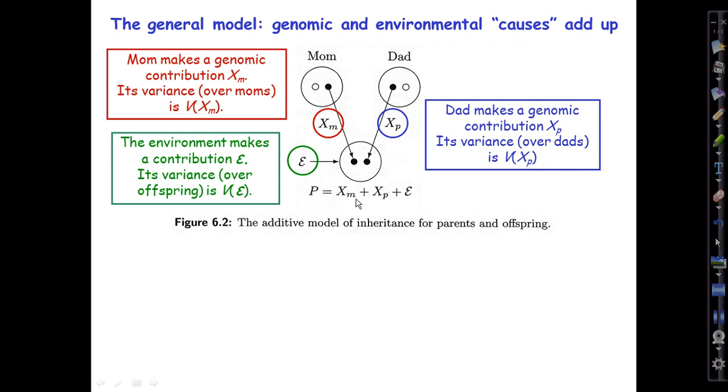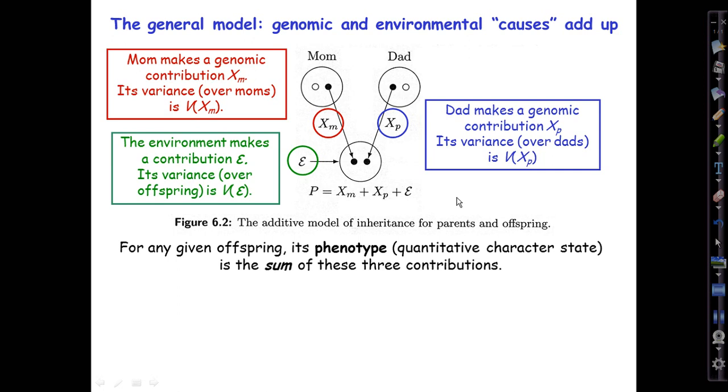All of these can be written, of course, with their means for the population to be 0 and their values being equally often plus something or minus something. Likewise for the environment, and there's some variance that describes how much the environmental effects vary. These again are environmental effects on the phenotype and genetic effects on the phenotype of this offspring.